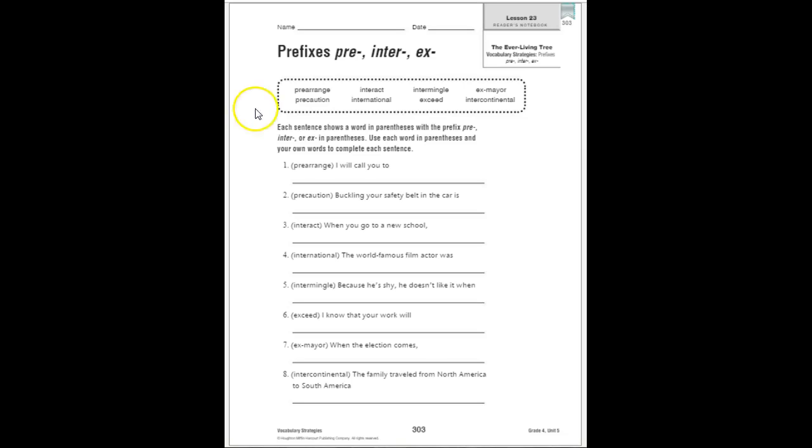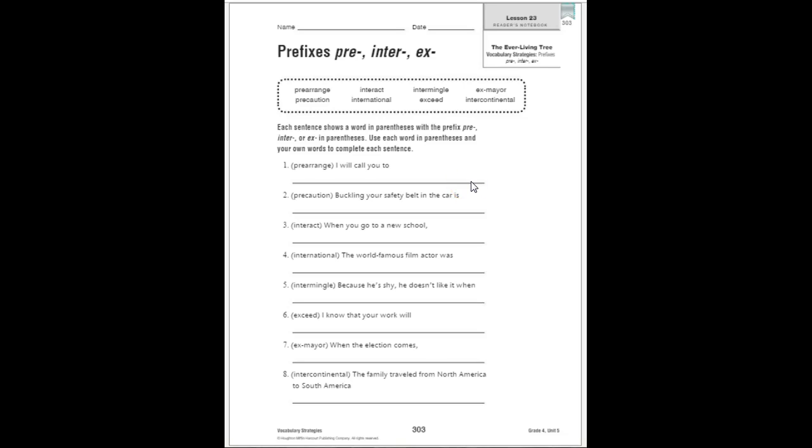If we read through the words, we have prearrange, precaution, interact, international, intermingle, exceed, ex-mayor, and intercontinental. Let's do the first one together. Our word is prearrange, and I will call you to prearrange the plans for our trip.